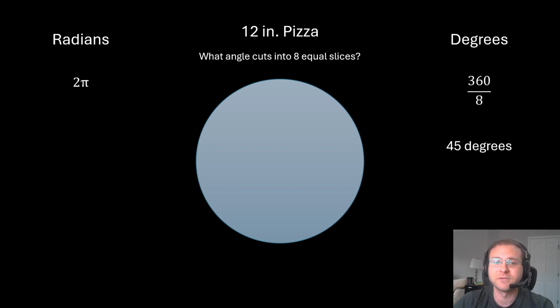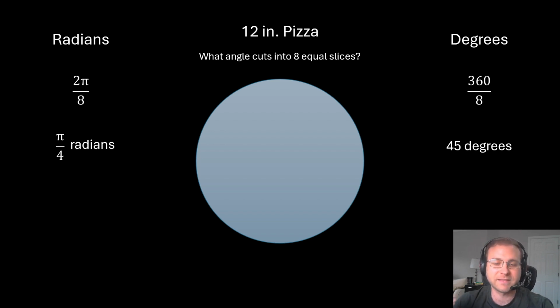It's just unavoidable. Now that we know how many radians are in the whole pizza, we can divide that by 8 for 8 equal slices. That gives us 2 pi over 8, which we can reduce down to pi over 4 radians. So to divide that pizza into 8 equal slices, the angle we need to use can be described as either 45 degrees or pi over 4 radians.